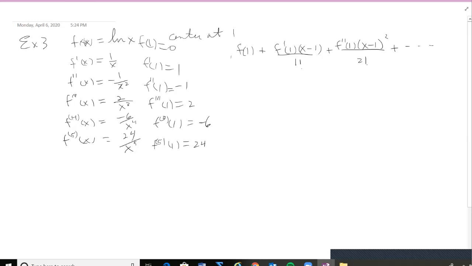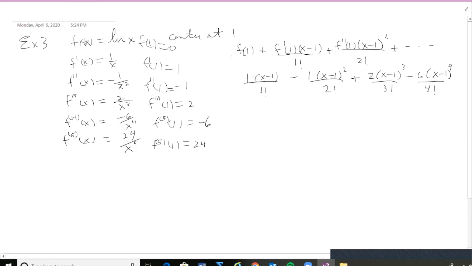We've got a 0 for this one, so that won't change anything. We do have a 1 here, so we'll have a 1 times x minus 1 over 1, and then minus 1 times x minus 1 squared over 2 factorial, plus 2 times x minus 1 cubed over 3 factorial, minus 6 times x minus 1 to the 4th over 4 factorial.